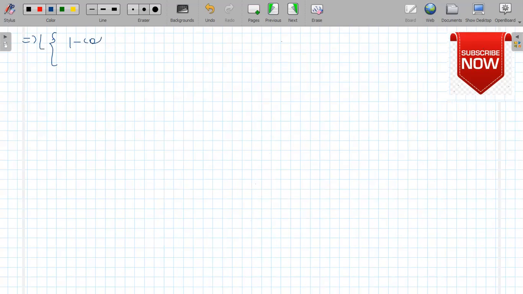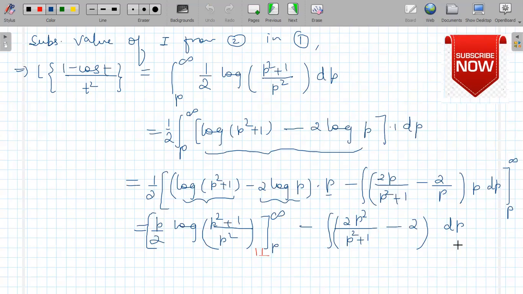Laplace transform of 1 minus cos t divided by t squared is equal to p upon 2 log of p square plus 1 divided by p square with limit p to infinity minus, when you solve this, you will get 2p square will cancel each other, and minus 2, and this minus will become positive, and since 1 upon 2 is also getting multiplied with this expression, this 1 upon 2 will cancel the 2 in the numerator that is left here, and the negative sign and this negative sign will become positive.